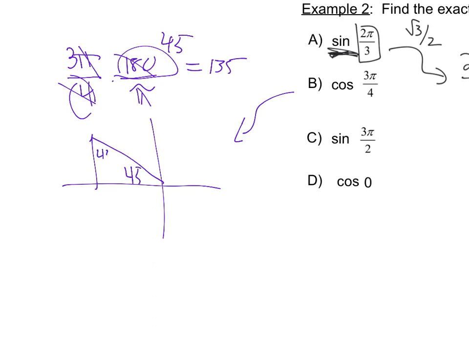And this is a 45-degree triangle. Now, if you remember, my lengths are square root of 2 over 2, square root of 2 over 2, and 1. Okay? But remember, this is negative because of where we're located. So my cosine is going to be the side that's on the x-axis. So my cosine is just going to be negative square root of 2 over 2.